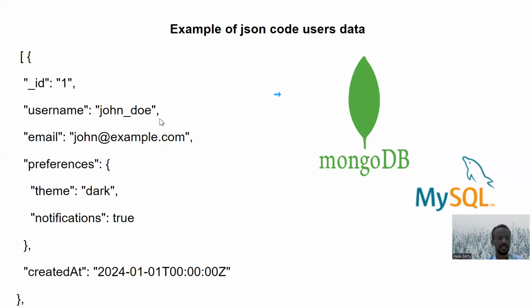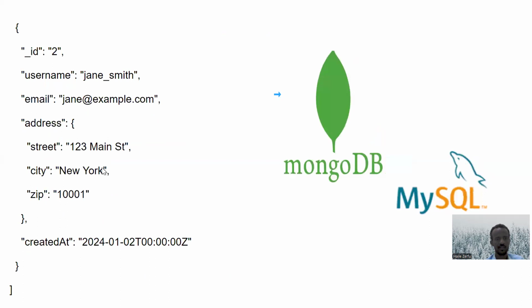For example, this data is for the first person, and this one is for the second person. How do we put this structured data? We will see in MongoDB and MySQL.